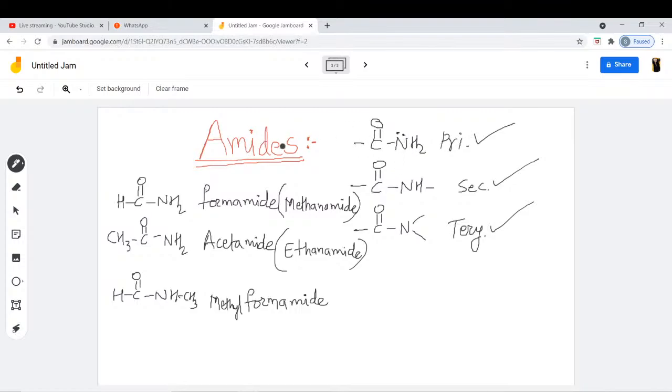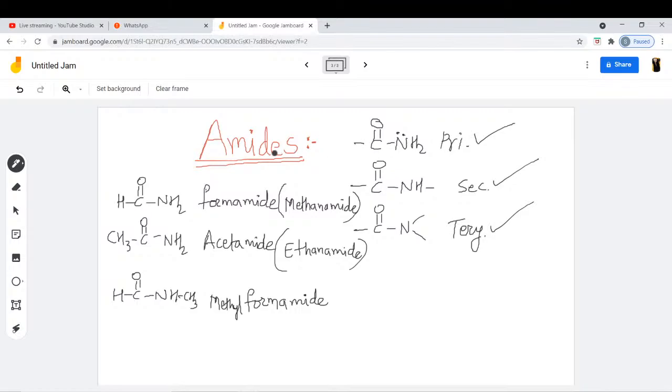Nitrogen-containing neutral compounds are amides, and these are not explosive, whereas nitrogen-containing nitro groups are explosive. Nitro groups are also neutral compounds, but this functional group is neutral and not explosive.